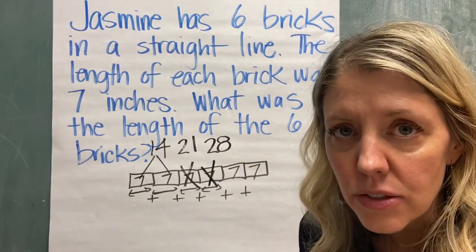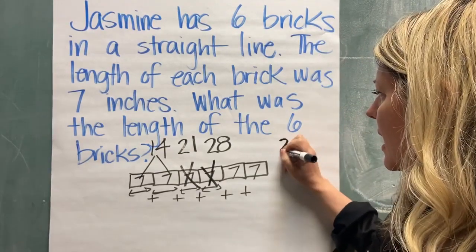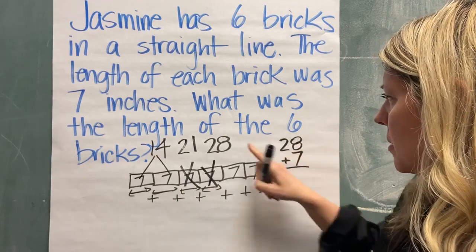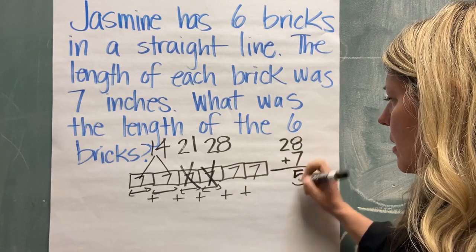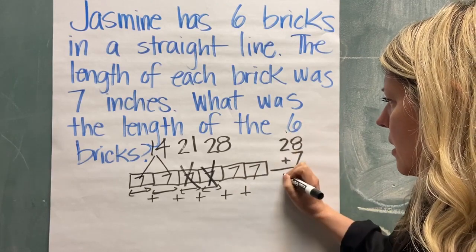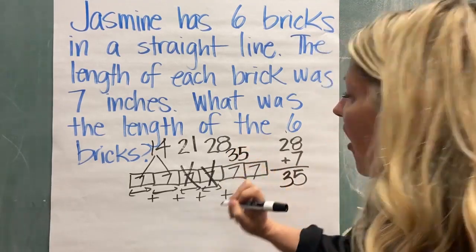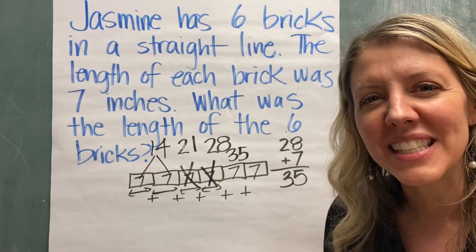Now it gets a little tricky. 28, I'm just going to go over here and do this, plus 7. This is 15. Okay, 35. Okay, I can do this. It's okay if I make a mistake.